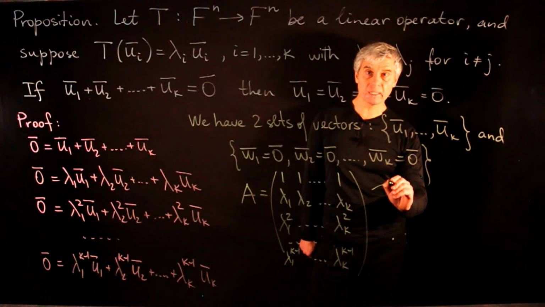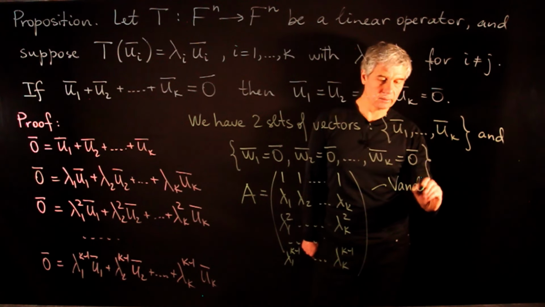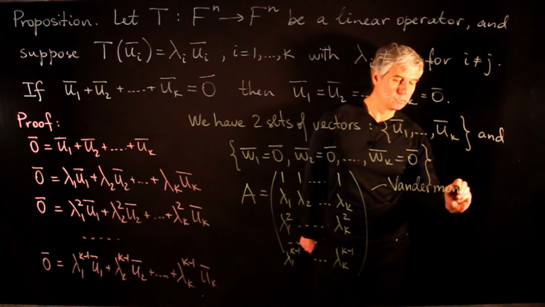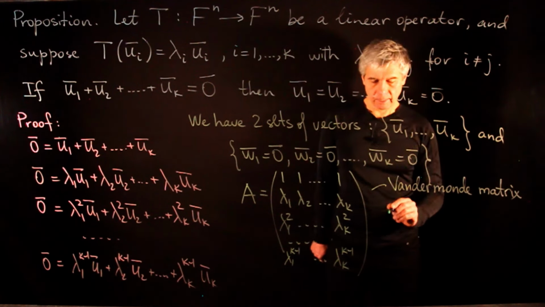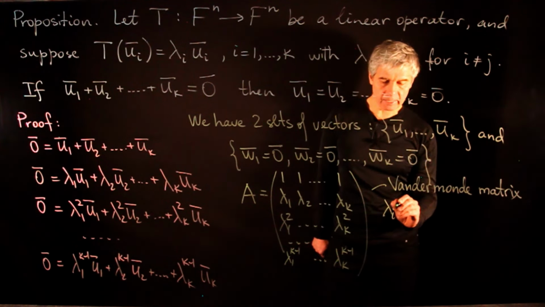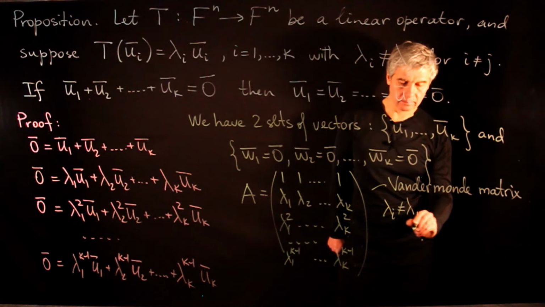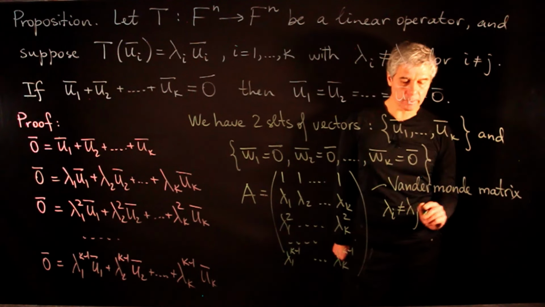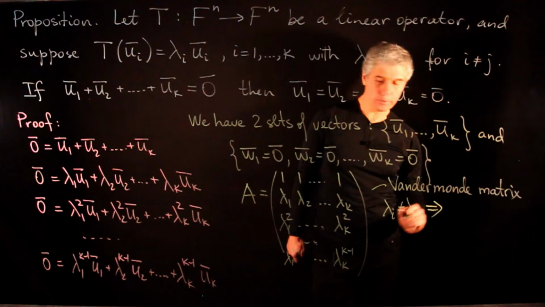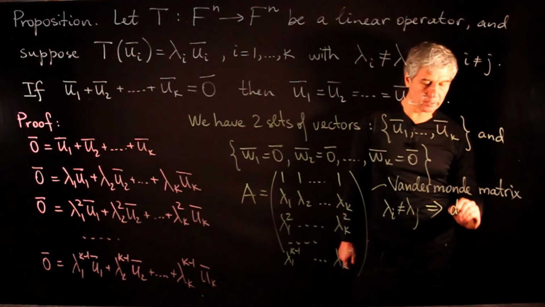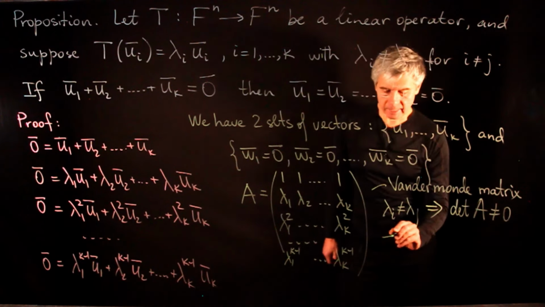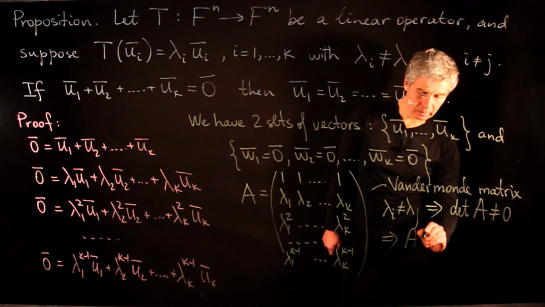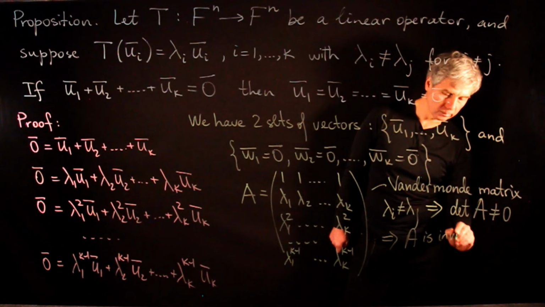And we see that this is the Vandermonde matrix. And since the lambda i's are all distinct, lambda i here is different from lambda j, our formula for the Vandermonde determinant tells us that the determinant of A is not equal to 0. And hence, A is invertible.